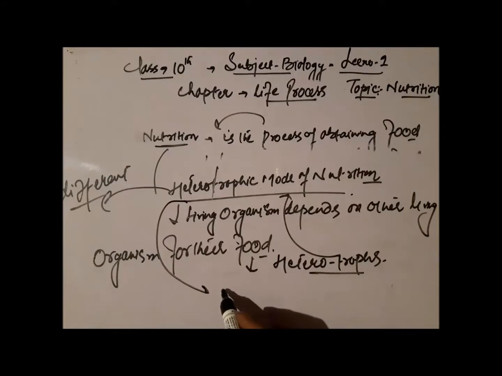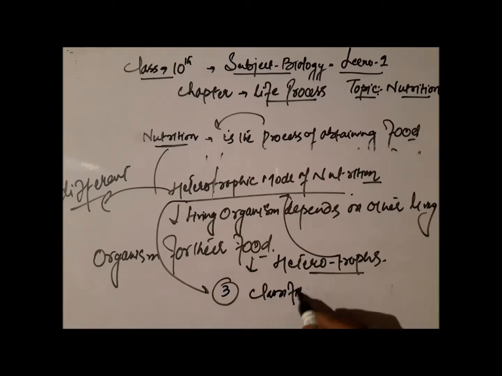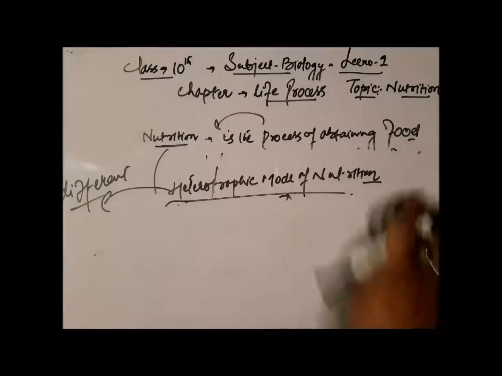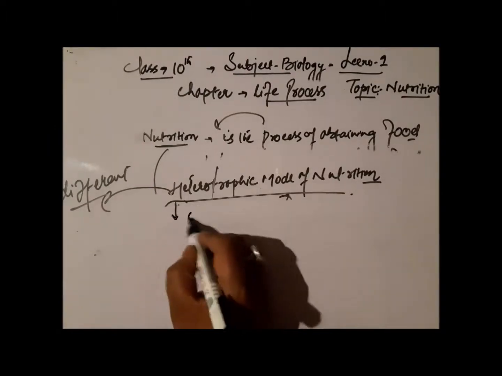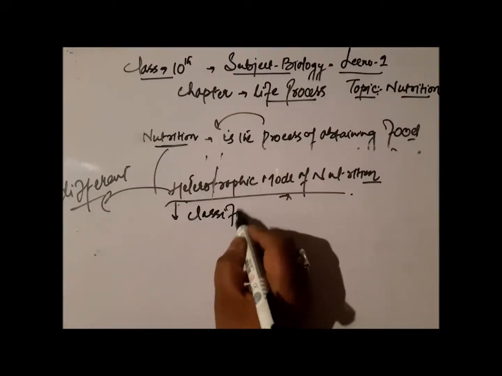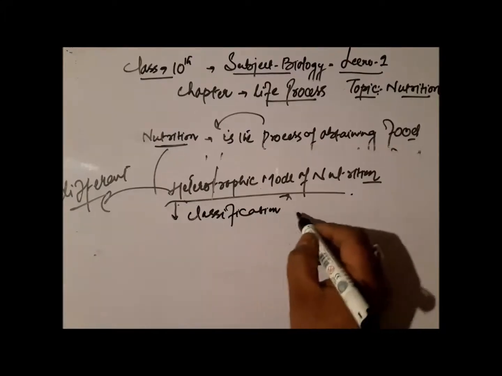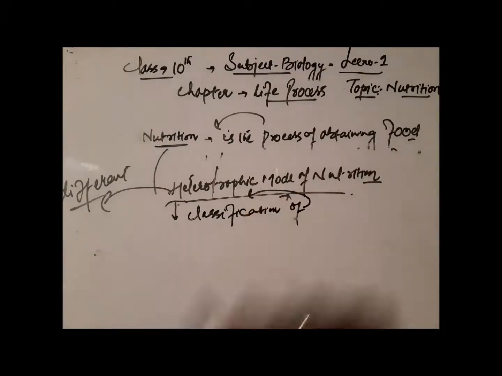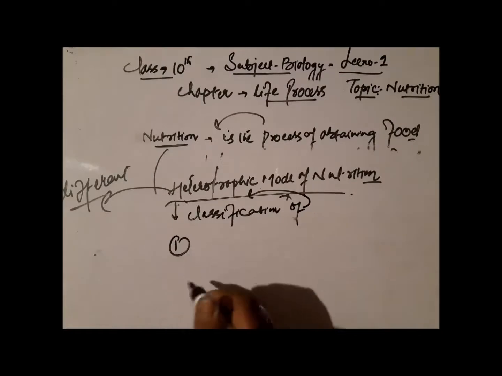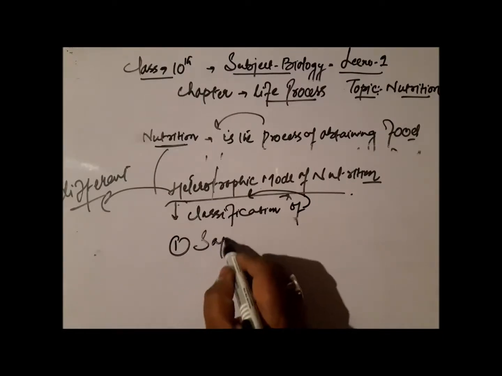Heterotrophic mode of nutrition is classified into three types. And what are those three types? I will write here the classification of heterotrophic mode of nutrition. Number one is saprozoic mode of nutrition.